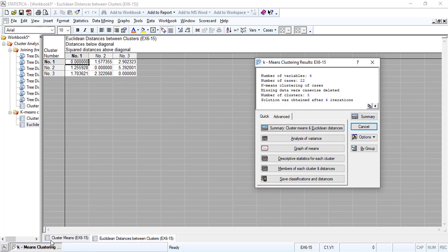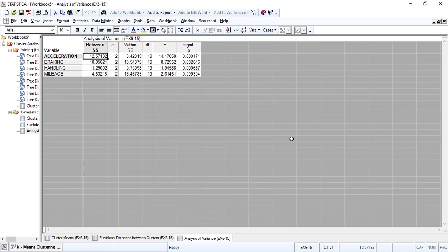ANOVA. Okay, so you see, based on ANOVA, all of these are significant. 0.09 is not significant, right?